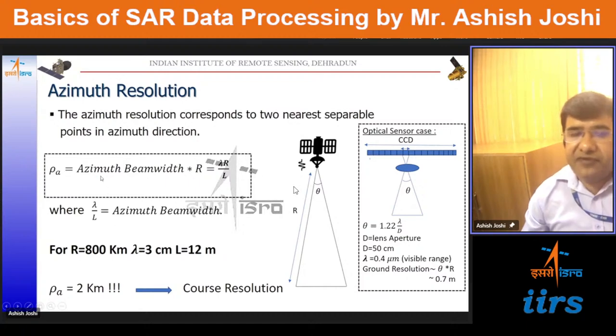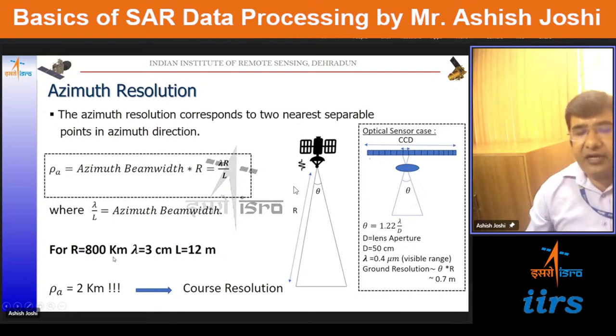Let us calculate how much azimuth resolution we will get. If we use r of 800 kilometers, meaning space-borne data from an Earth observation satellite in low Earth orbit, and because it is working in the microwave region, we can choose lambda as 3 centimeters and the length of the antenna as 12 meters.